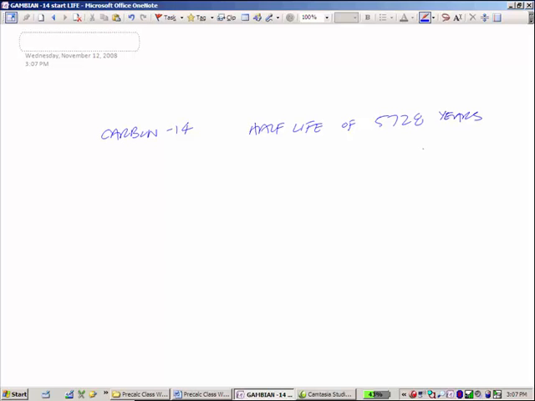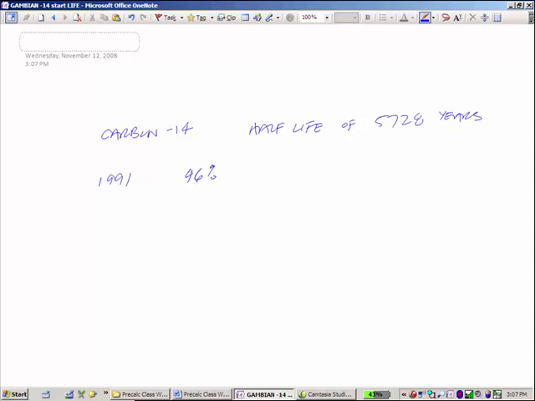So in other words, we found the person in 1991 with 46% of the carbon 14, right? One would imagine that if we have about 46%, maybe the person died about 5,700 years ago.